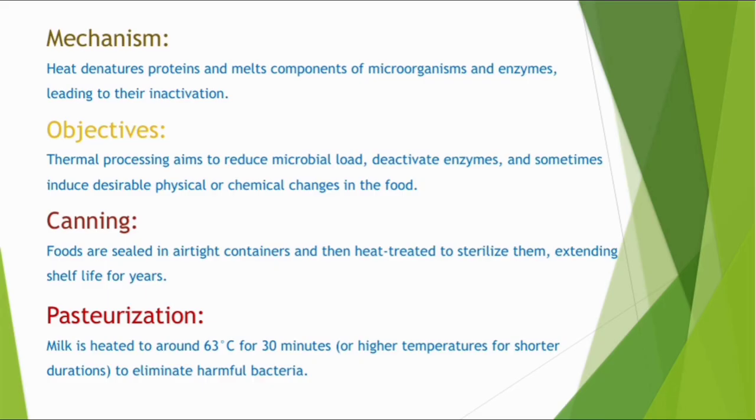Typically, milk is heated to around 63 degrees C for about 30 minutes, or it can be heated to higher temperatures for shorter times. This process effectively eliminates harmful bacteria without compromising the milk's quality. Overall, these methods are fundamental in food processing because they balance safety, preservation, and maintaining the desired qualities of the food we consume.